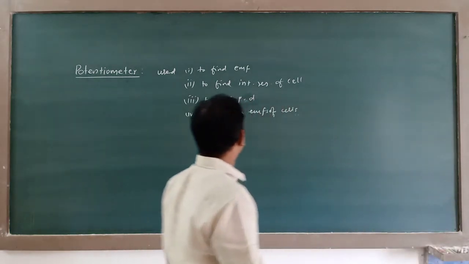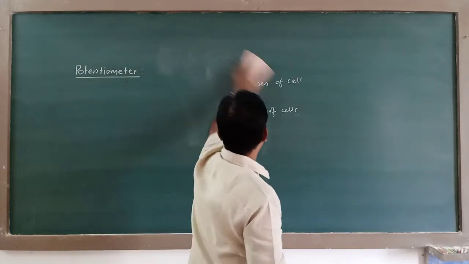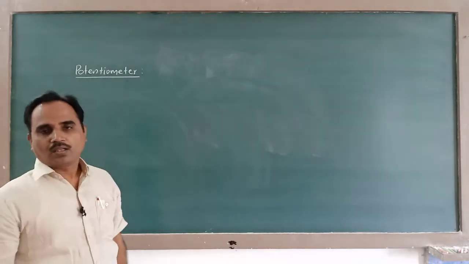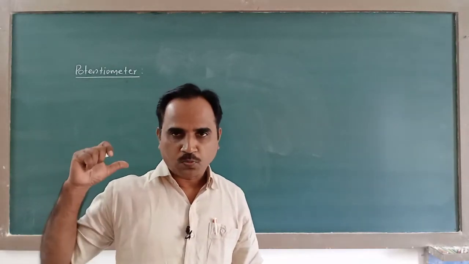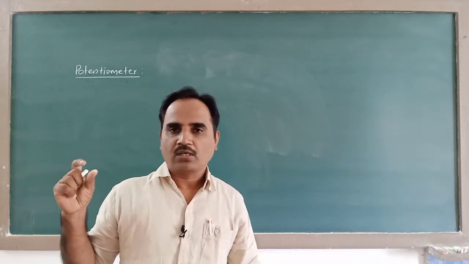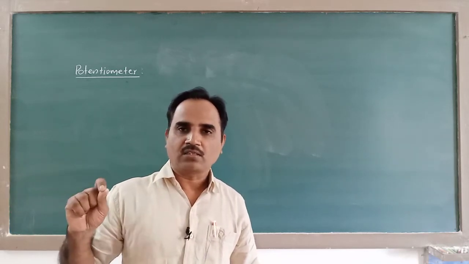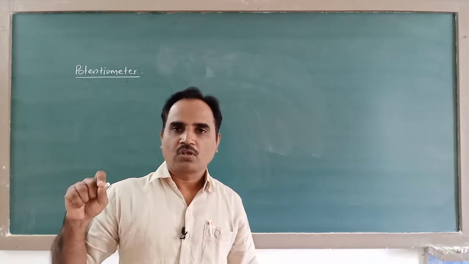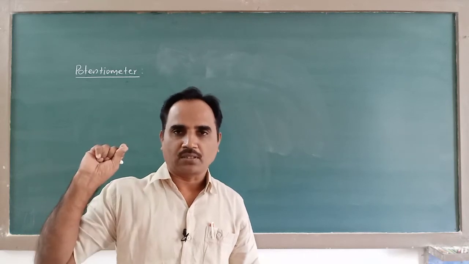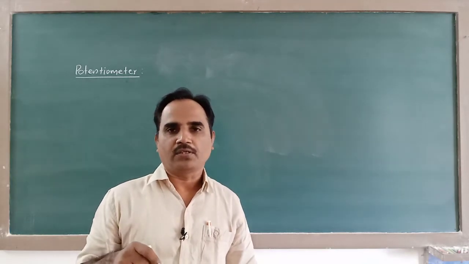Now we shall study the principle and working of this potentiometer. You are going to see this potentiometer board in the laboratory. It consists of a uniform wire of length ranging from 1 meter or 4 meter even up to 10 meter, depending upon how much potential difference is to be measured.